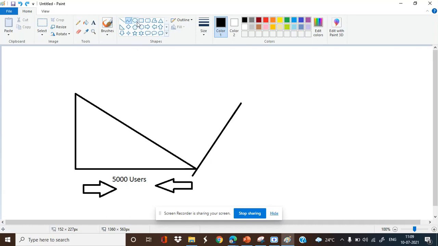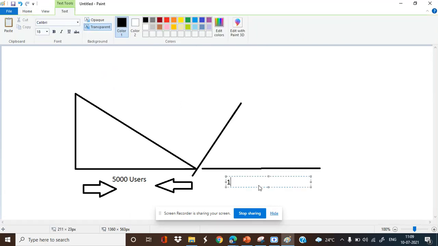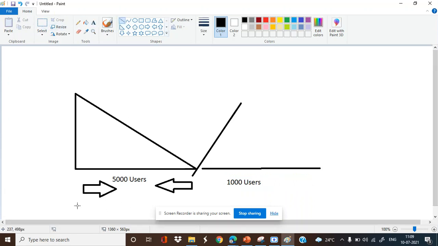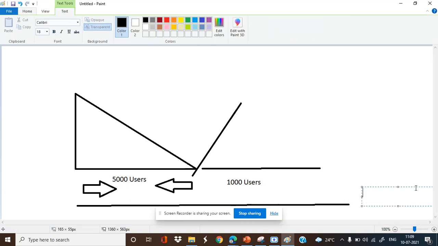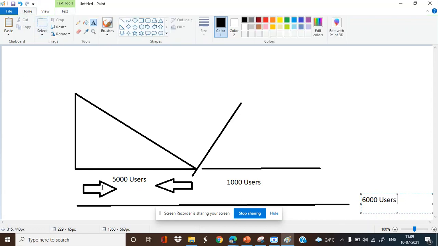At this particular point there is a breakpoint. Suppose you want to give some more users, say a thousand more, a user load of 6,000, and you continuously ramp up.